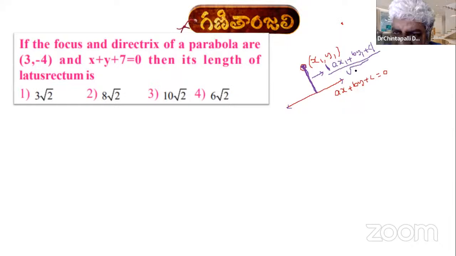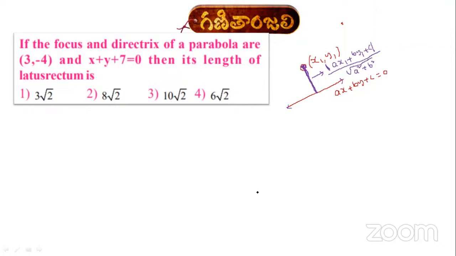Tanika, please note this point. It is the formula to find distance from a point to a line. Previously, we proved a formula for the distance between 2 points: root of x2 minus x1 whole square plus y2 minus y1 whole square. That formula is for distance between two points. This formula is for distance from a point to a line, right?